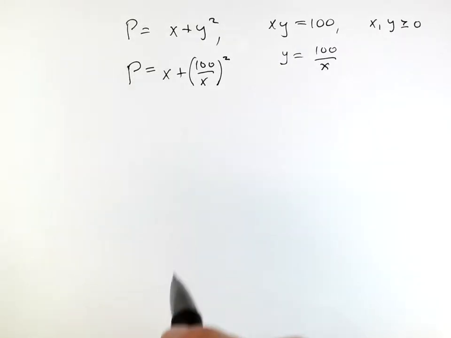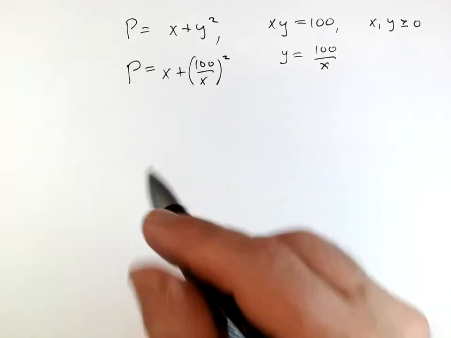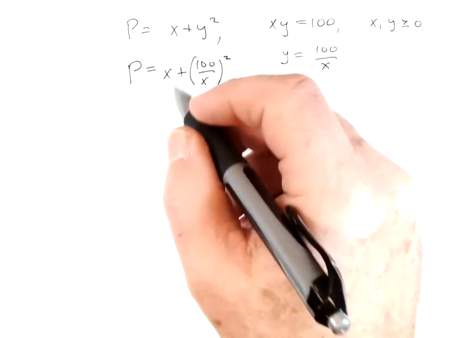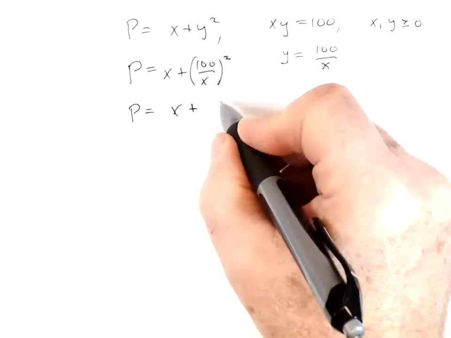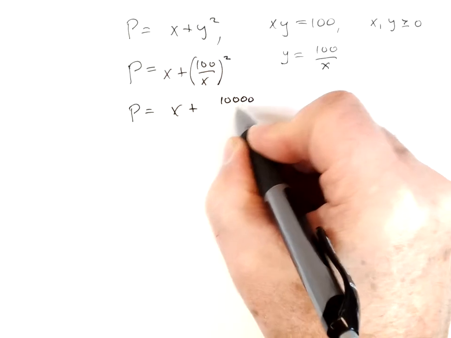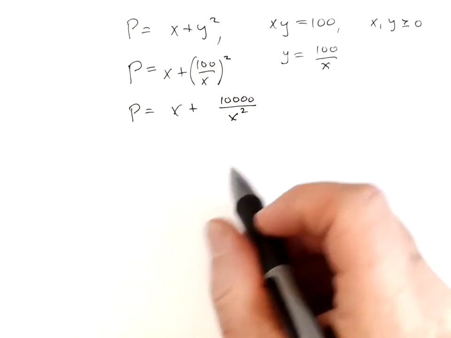All right, find all critical values. Where do critical values occur? Critical values occur where the derivative is equal to 0 or the derivative does not exist. Okay? Well, let's find the derivative and set it equal to 0. First, let me rewrite it. And 100 squared is 10,000 over x squared. So you easily will get a 20,000 kind of a thing.